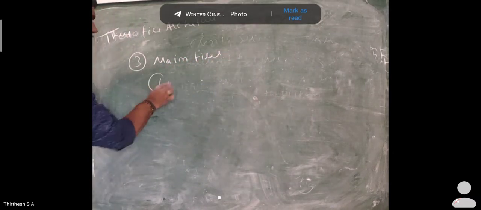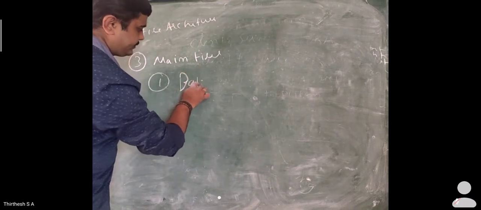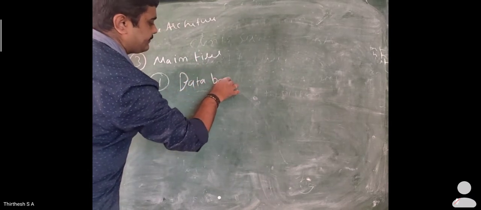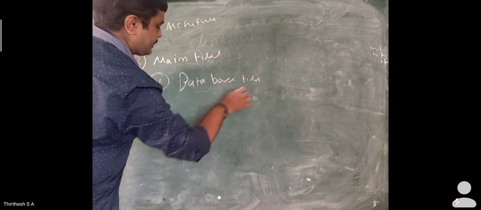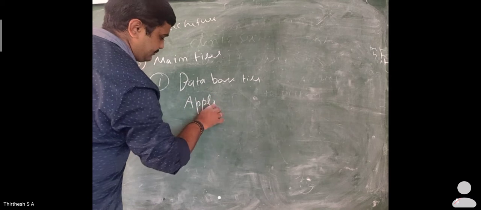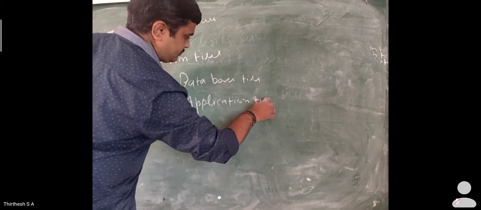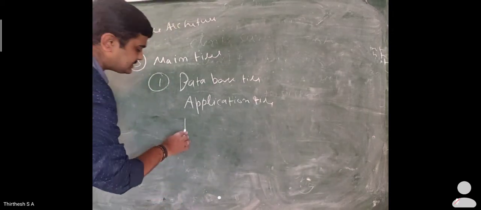So the first one is the database tier. The second one is the application tier. The last one is the presentation tier.